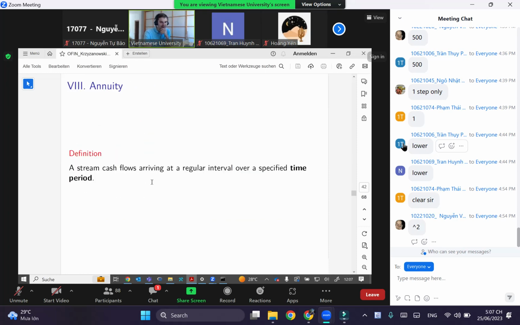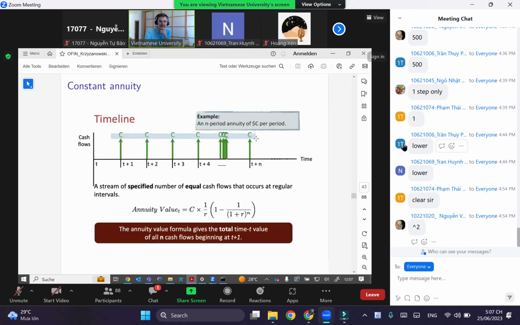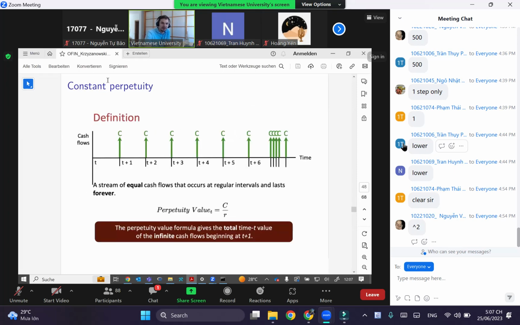So recall, constant annuity, we had constant payments over a specified number of times, giving us this annuity value formula. Now, constant perpetuity looks quite similar as compared to the constant annuity, but the difference is there is no end. There is no ending period. These payments go on forever.